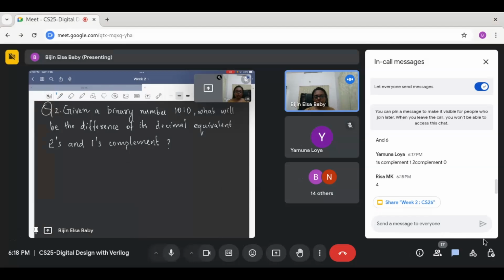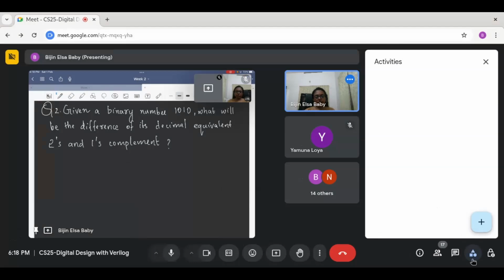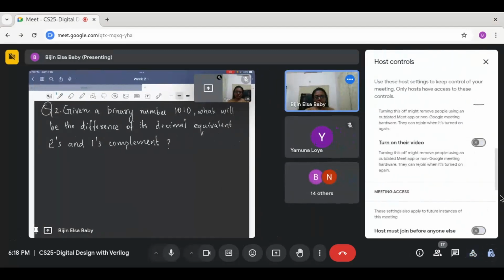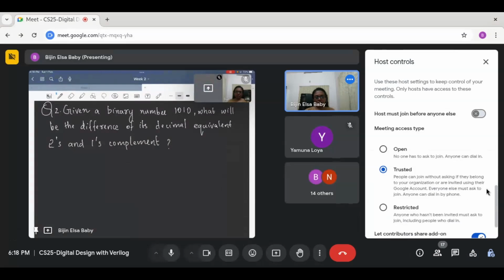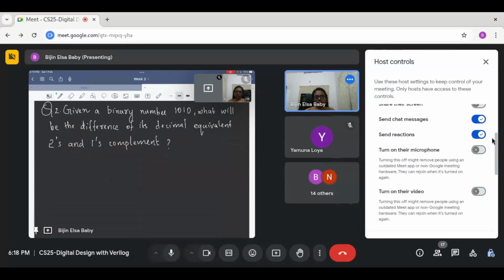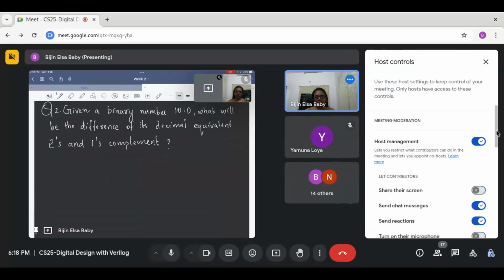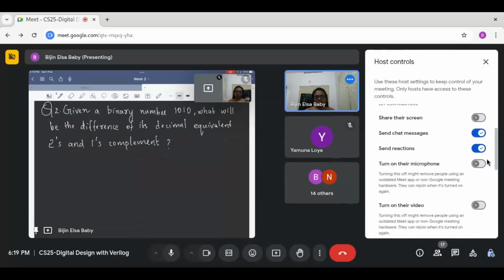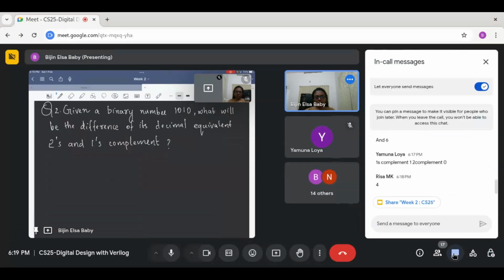How are you getting 4? How did you get 4?